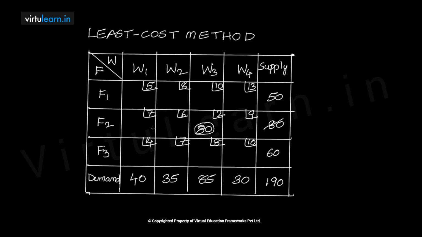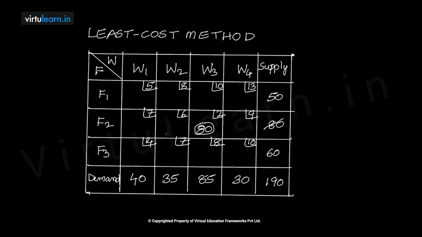Once the supply is exhausted, we cannot make allocation in any cells of that row. That means F2 W1, F2 W2 and F2 W4 we cannot allocate. Now this is done.